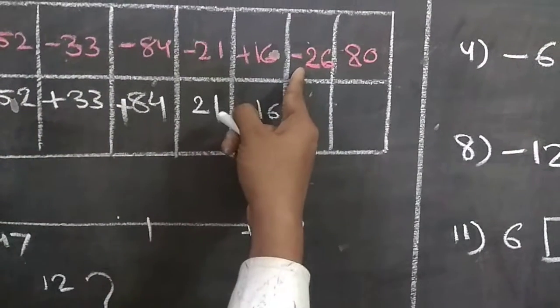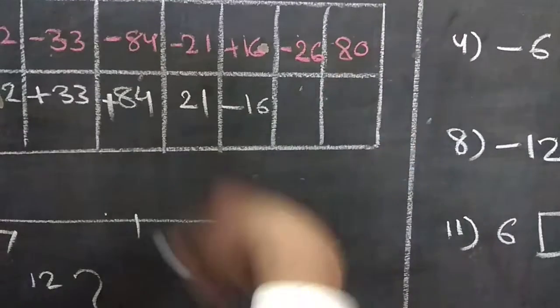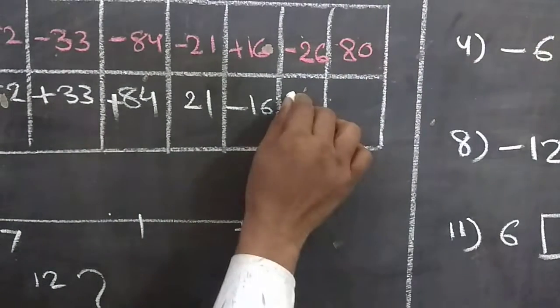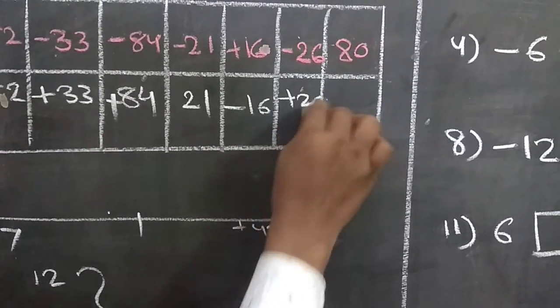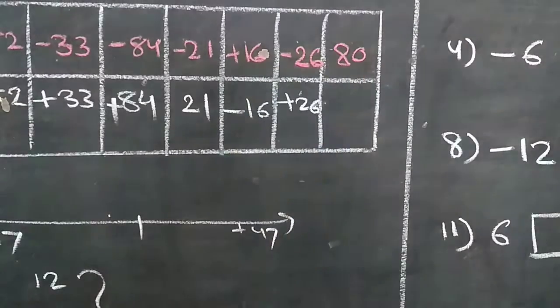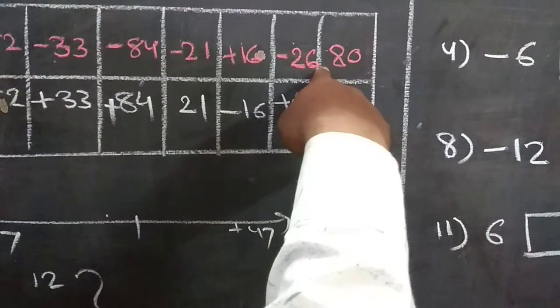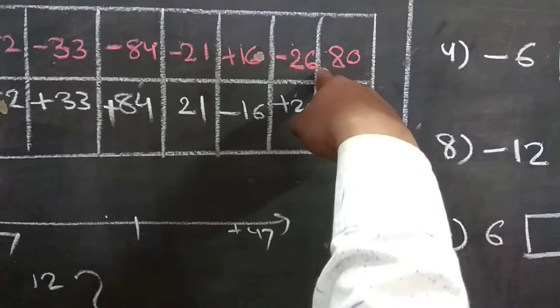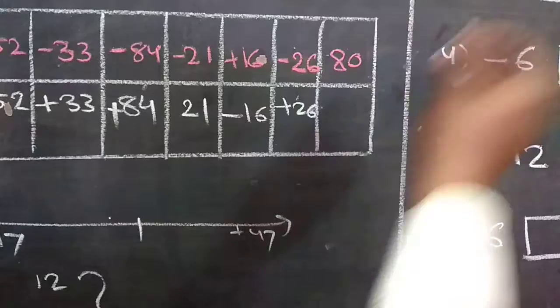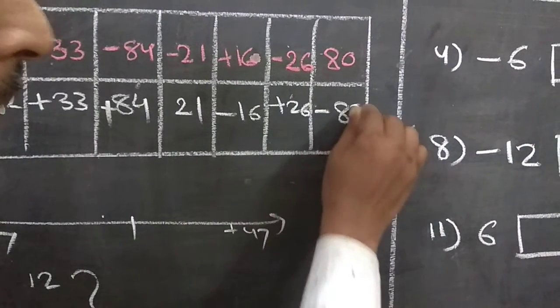And you can see here it is minus 26. So what will be the opposite number? Plus 26. And finally it is given plus 80. If no sign is given, we will assume it is plus 80, and of plus 80, its opposite number will be minus 80.